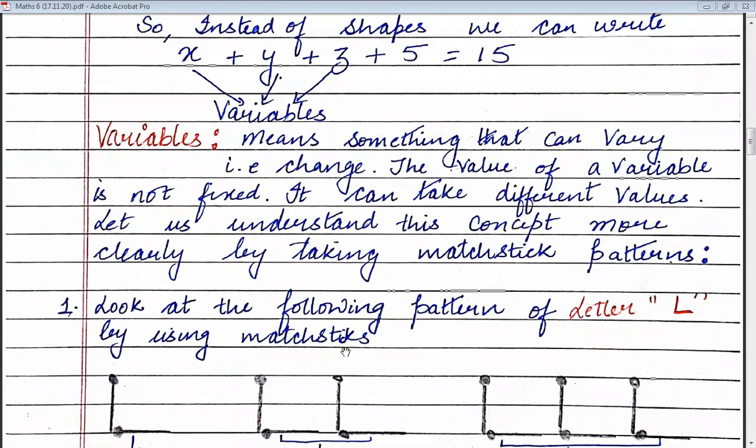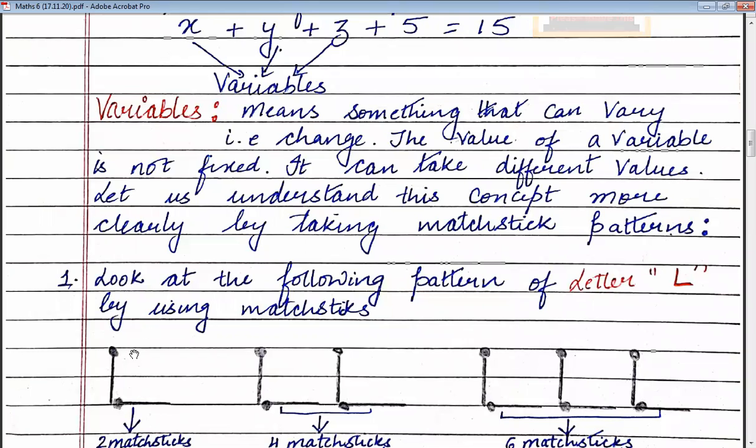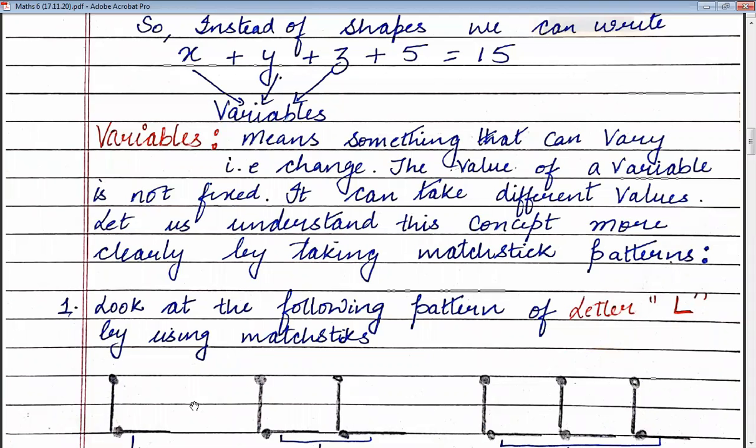Now students, in this first L, can you see how many matchsticks I have used? Let us count. Number 1, number 2. How many matchsticks do we need? 2. Now children, if I want to write 2 Ls, how many matchsticks do I need? 1, 2, 3, 4.